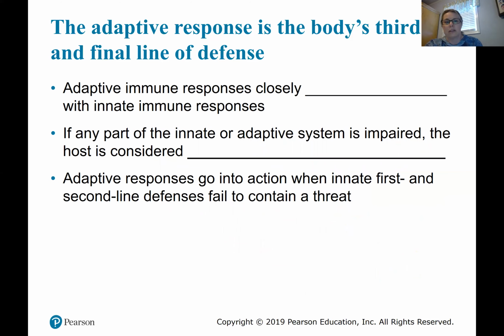Okay, so the adaptive immune system responses closely interact with innate immune responses. You know, they work together to keep us safe. And if any part of either the innate or the adaptive immune system is impaired, if it's not working properly, that person is considered immunocompromised, or immune compromised, either one.